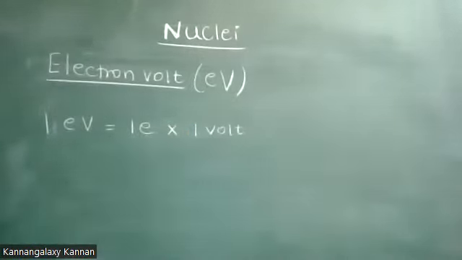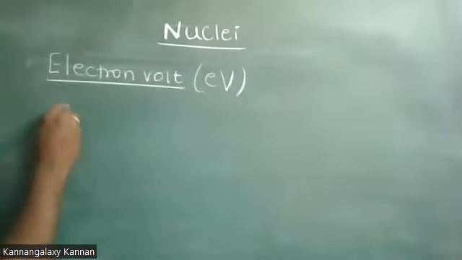So it is the smallest unit of energy. 1 electron volt is the energy gained by an electron when it is accelerated through a potential difference of 1 volt.